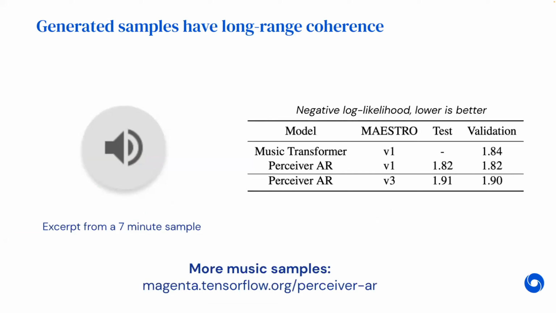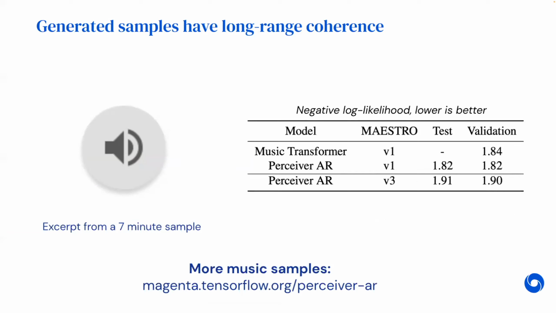On real data, such as music, we find that Perceiver AR generates samples with a very high level of long-term coherence and quality, while also quantitatively outperforming prior methods, such as the Music Transformer on the MAESTRO dataset. So I wanted to highlight one interesting example here, just to give you an illustration of how well this does at long context modeling.